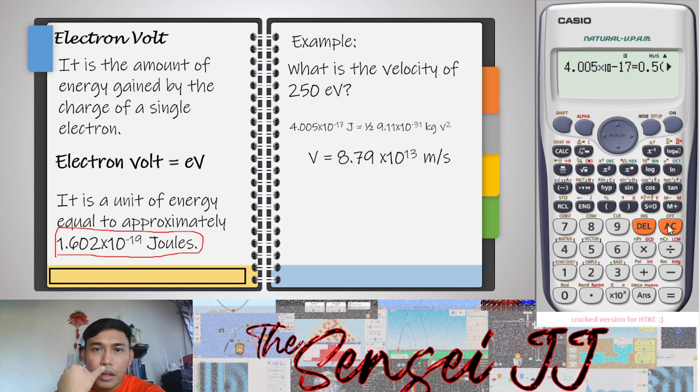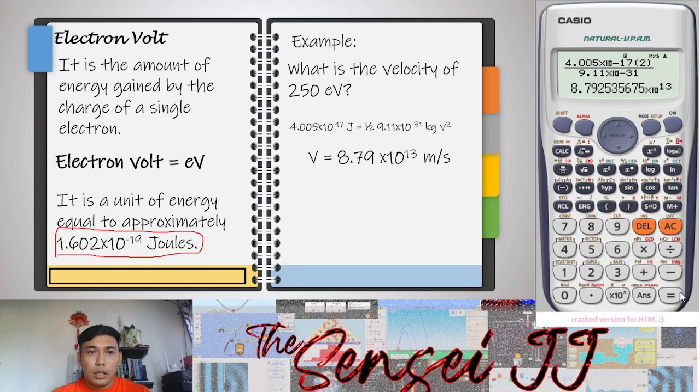Tama naman. Okay, so try nga natin i-mano-mano. 4.005 times 10 raised to negative 17 multiplied to 2 para dun sa 1 half natin, all over 9.11 times 10 raised to negative 31.